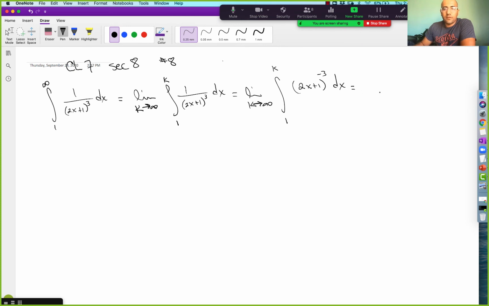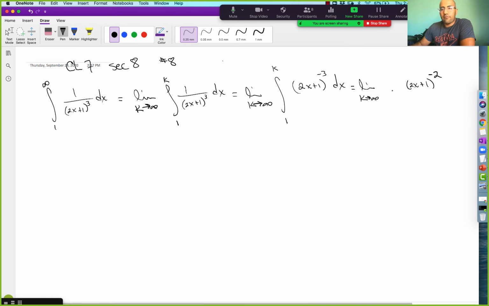The answer is going to be the limit as k goes to infinity of (2x plus 1) to the negative 2 power. If we do it like this, we get this term. We bring this out in front, and then we subtract 1.